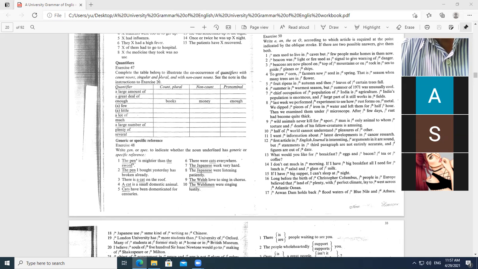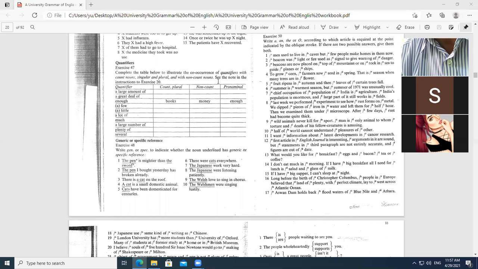Then quantifiers with count nouns, singular and plural, and with non-count nouns. For example, we say a large amount of what? Is it countable or non-countable?